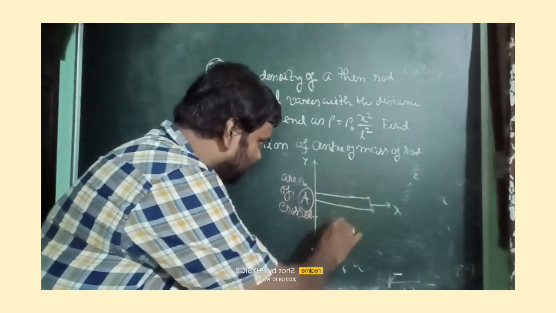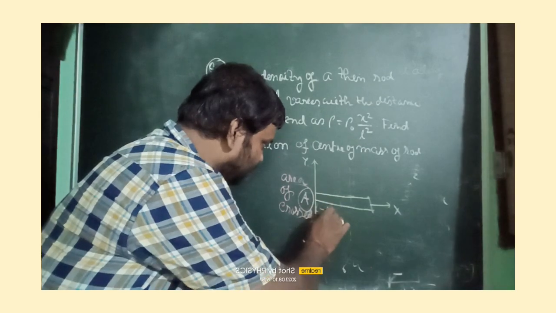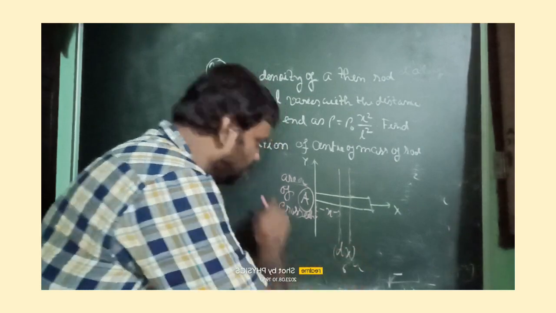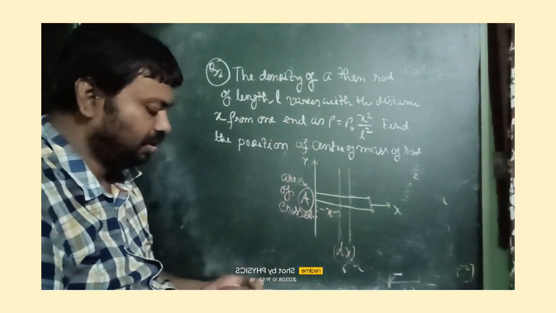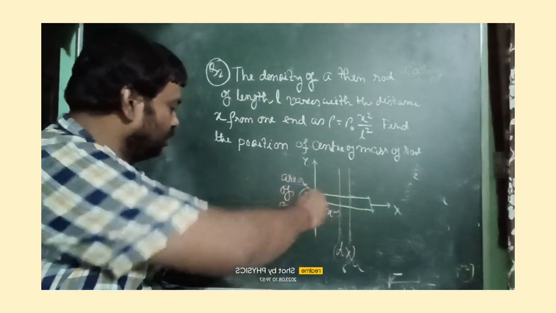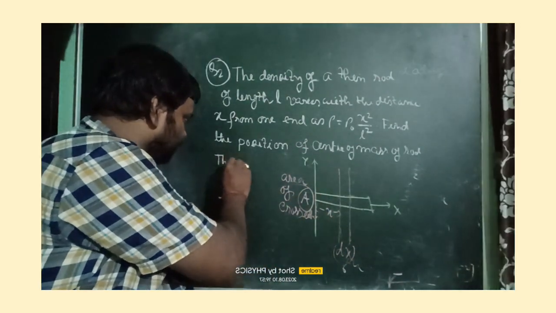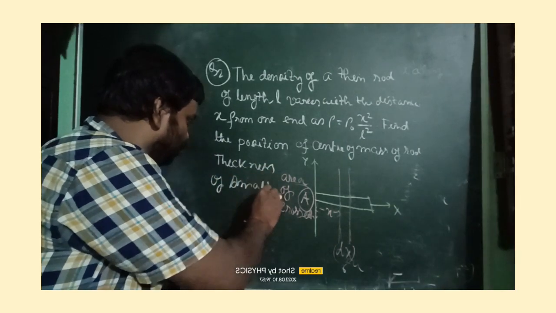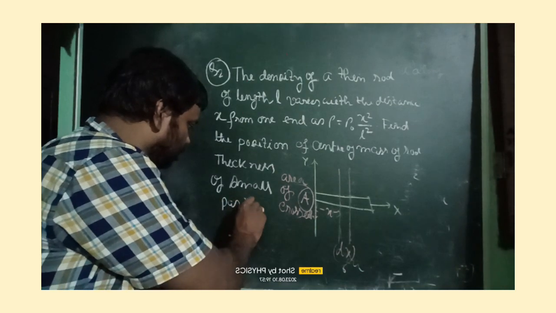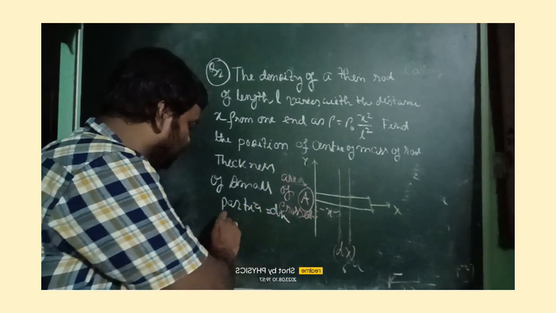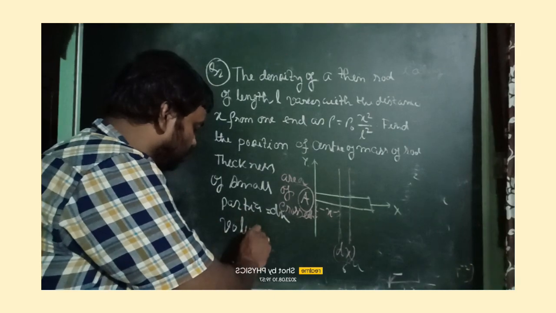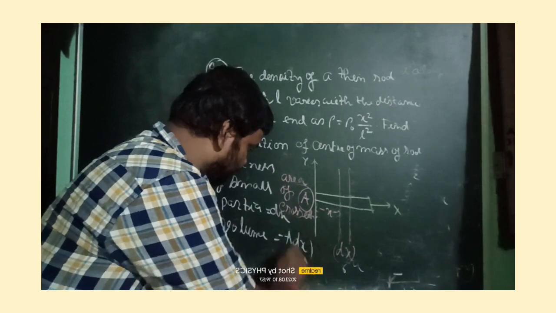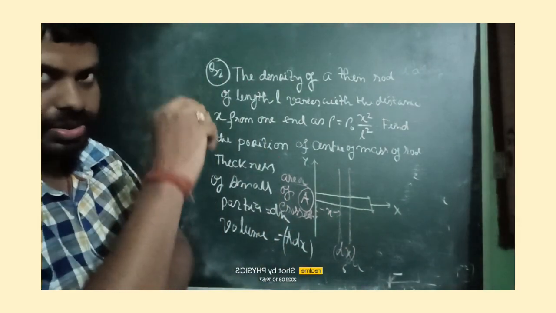Now let us consider a thin part at a distance of x, of thickness dx. As the small thickness of the small portion is equal to dx, the volume should be A dx.